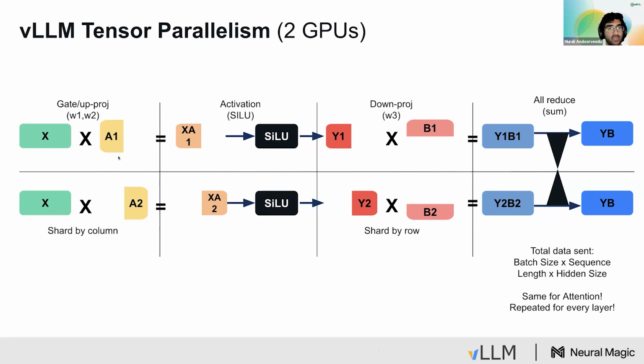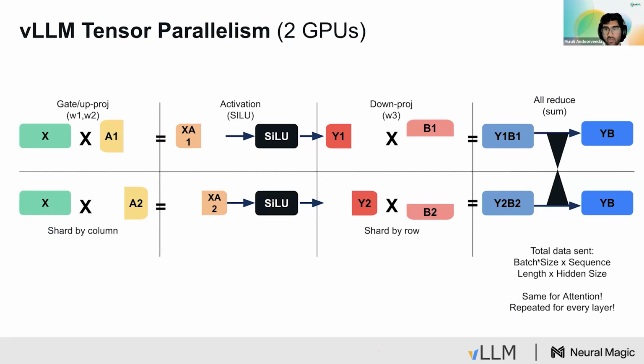That is, the time it takes to load the weights from GPU HBM to the compute could be the bottleneck. If each GPU has fewer weights to load, then you can effectively double your memory bandwidth. And this can really speed up your inference in terms of latency.